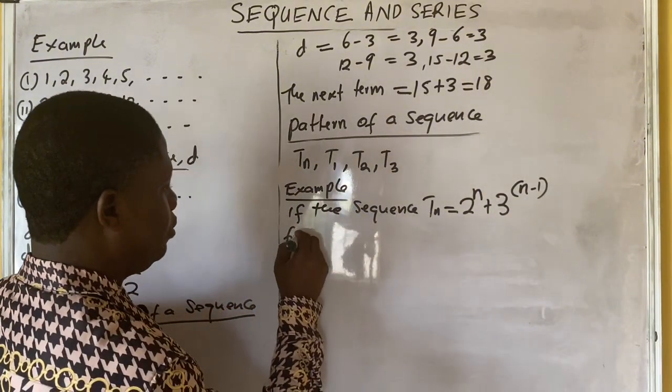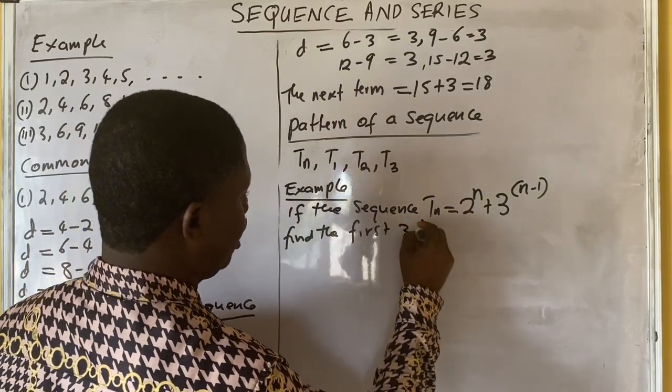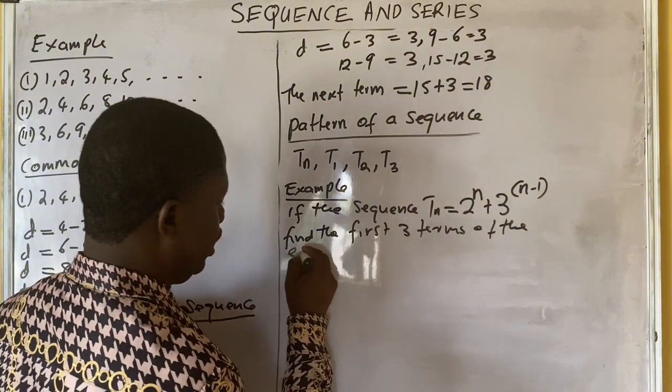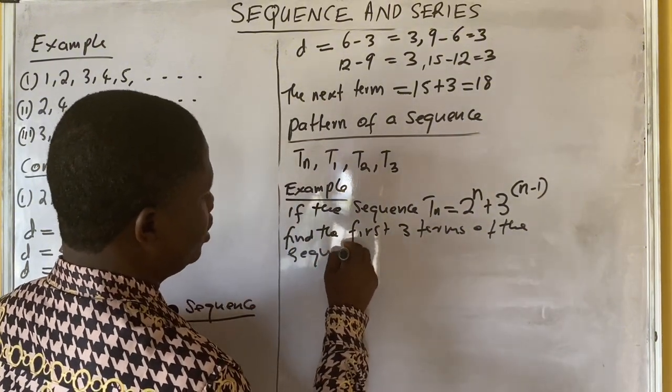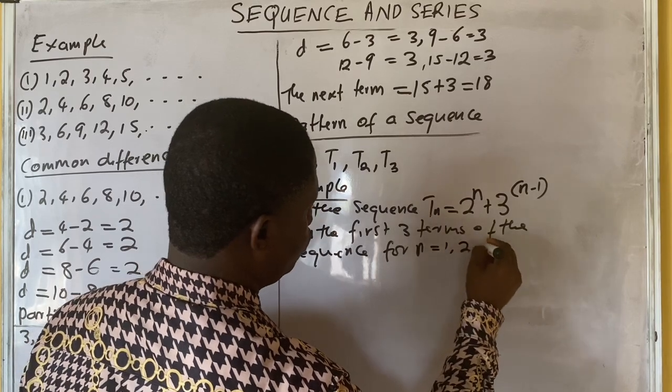It says find the first 3 terms of the sequence for n equals 1, 2, 3.